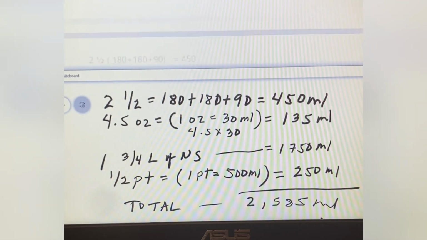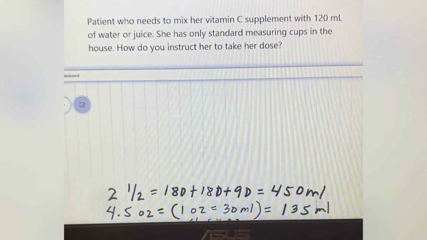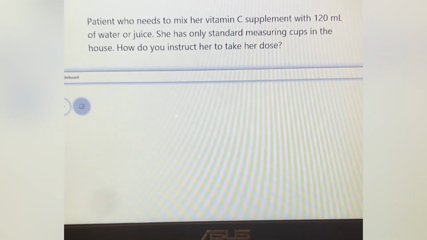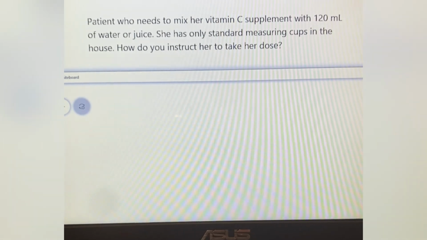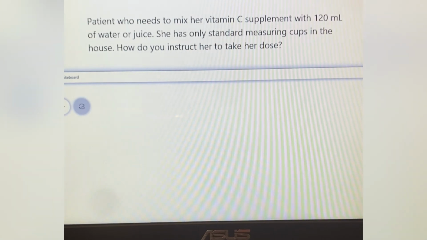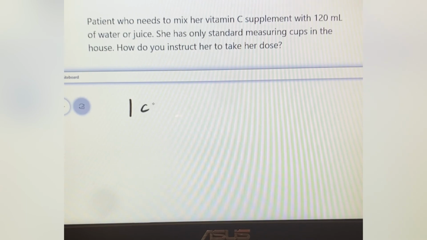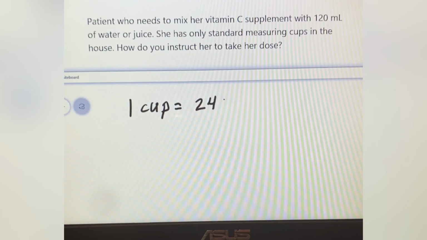Last question. A patient needs to mix her vitamin C supplement with 120 ml of water or juice. She has only standard measuring cups in the house. How do you instruct her to take her dose? How many ml is 1 cup? 1 cup is equal to 240 ml.